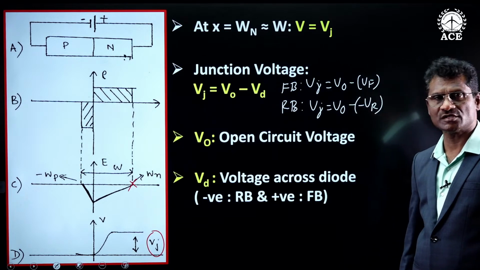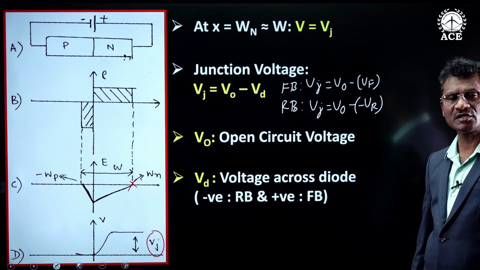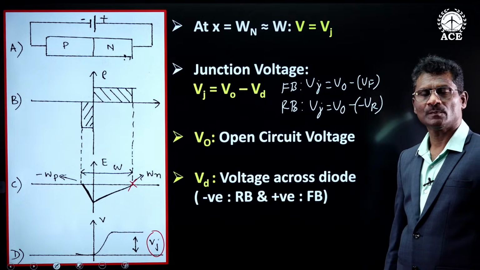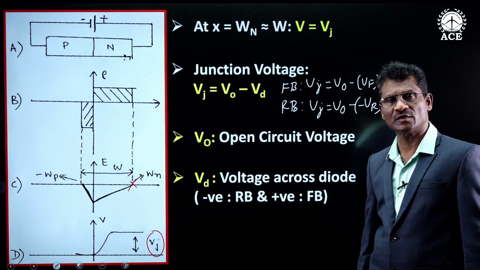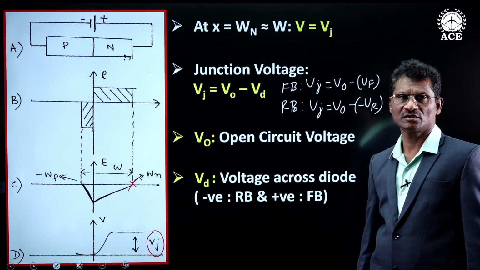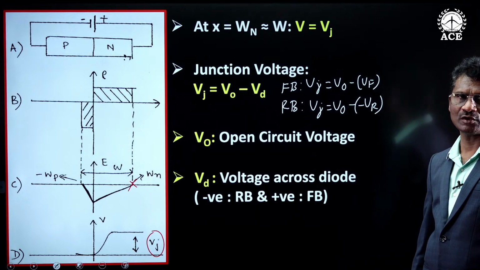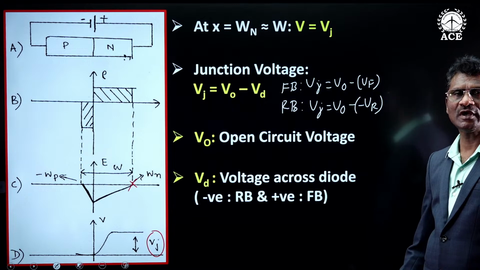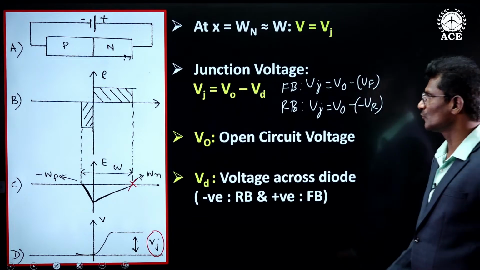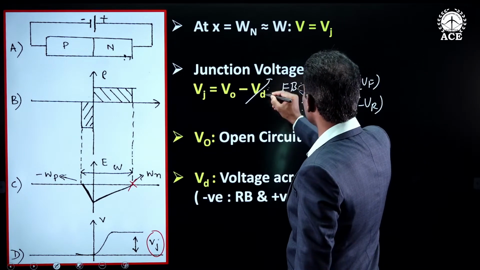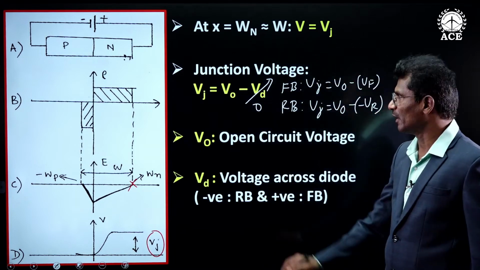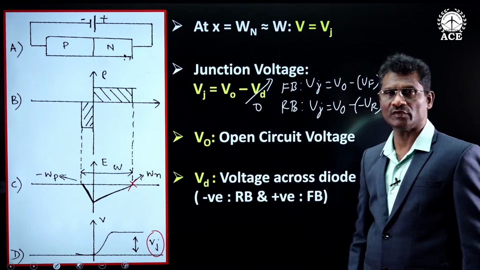In a forward bias diode, width of depletion region decreases. Positive and negative ions of depletion region decrease, and hence junction voltage will be less than V0. Assume the diode is open circuited, then the applied voltage will be 0, and hence Vj will be equal to V0.